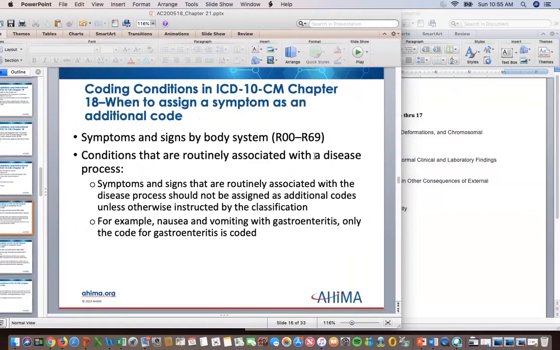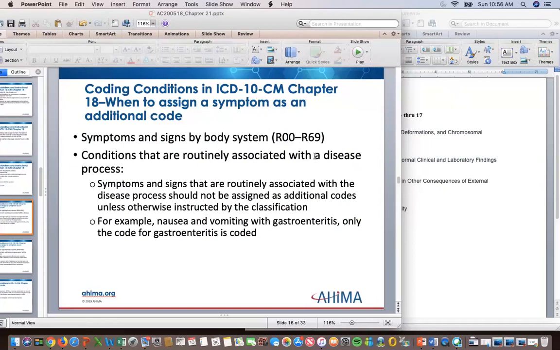R00 to R99, symptoms and signs by body system, conditions that are routinely associated with a disease process. Symptoms and signs that are routinely associated with the disease process should not be assigned as additional codes unless otherwise instructed by the classification. As we talked about, appendicitis with abdominal pain, you would obviously have abdominal pain with appendicitis.